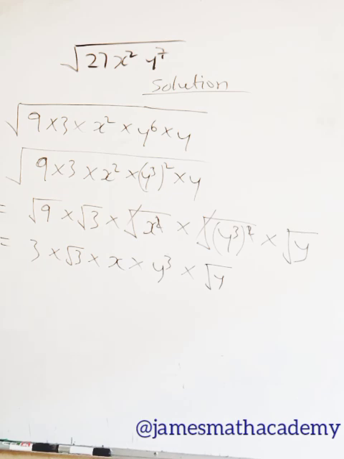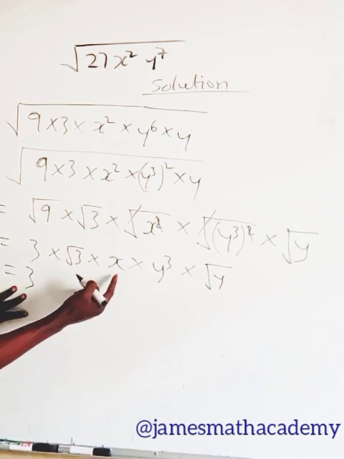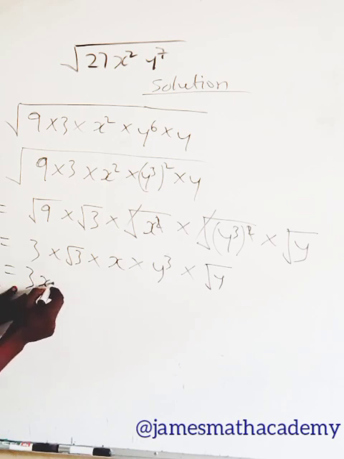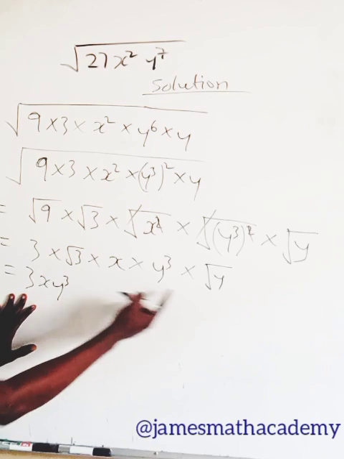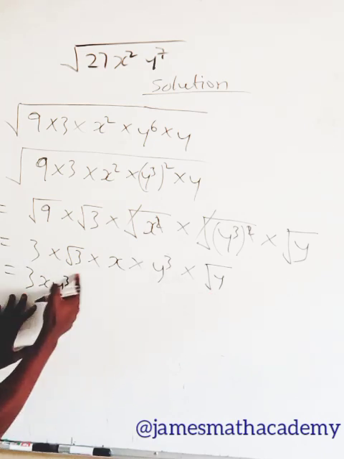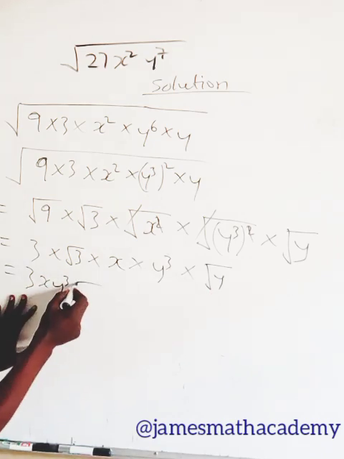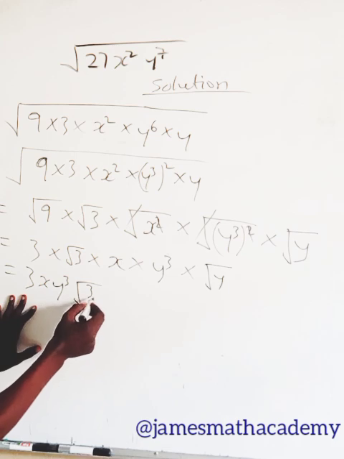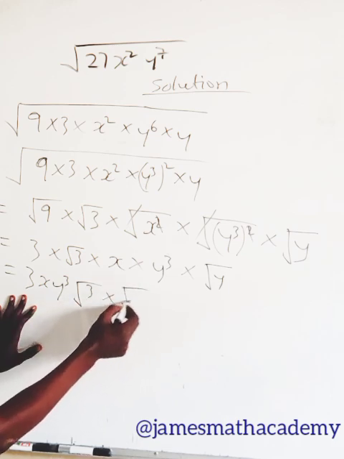Of course, you're going to consider the ones that have no roots, the x and the y that have been cancelled. So we're going to have 3x, then the y raised to power 3. Then we arrange the ones that have radicals, which is root 3 times root y.